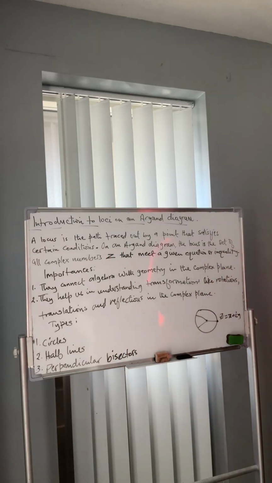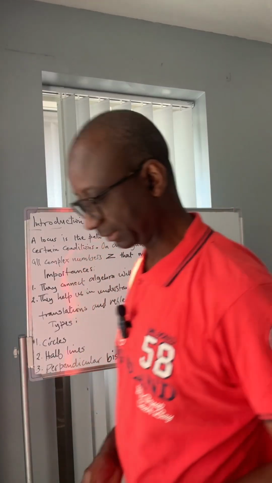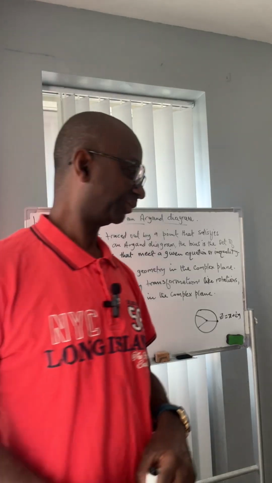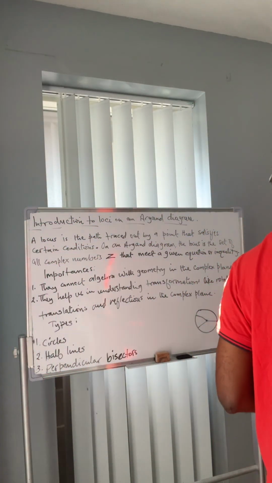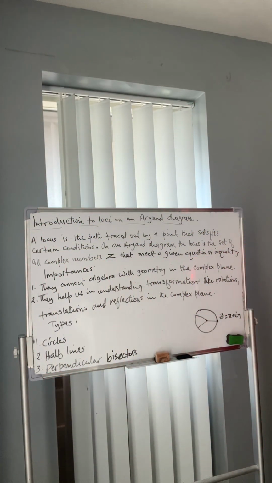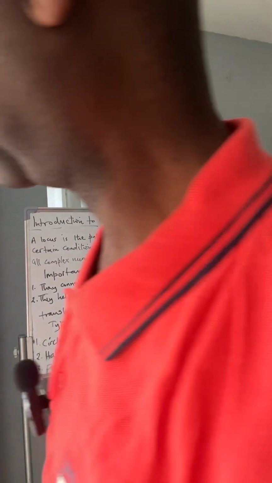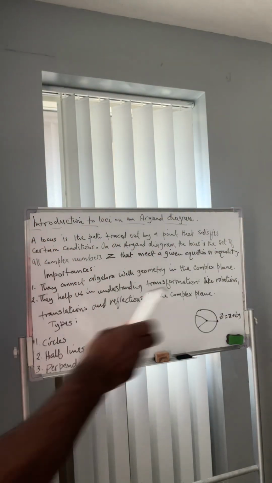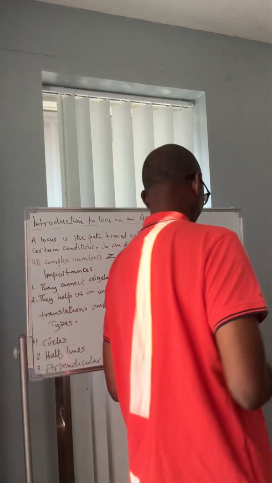What is a half line? A half line, more or less, is a straight line that has a beginning but not an end. It extends to infinity.